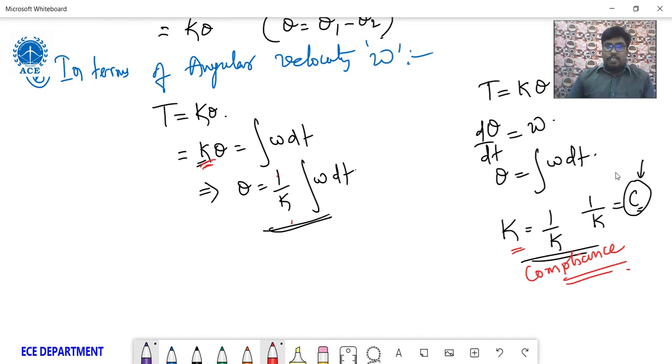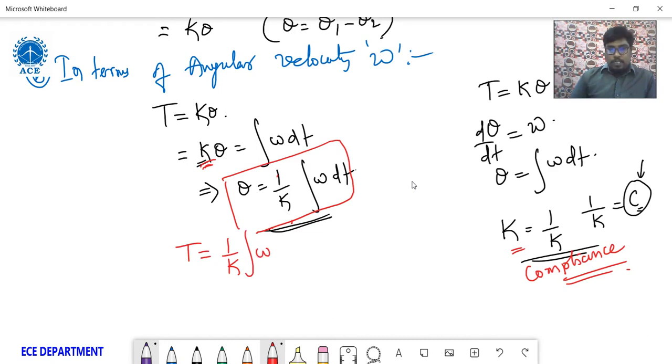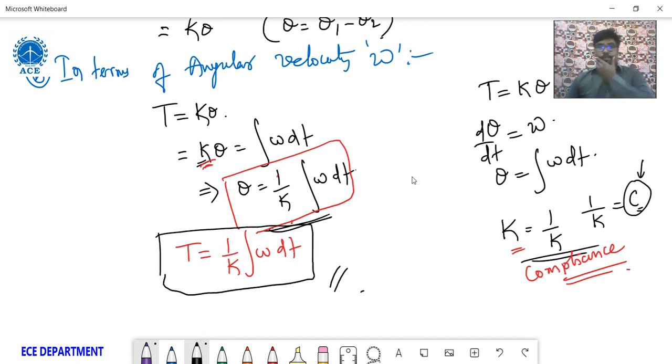So this is the torque equation for angular velocity: torque is equal to 1 by k integration omega dt, where k is a compliance, capital K or small k, 1 by k.